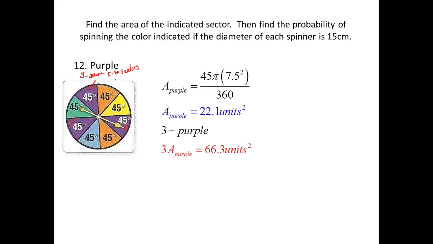Taking one of them, multiplying by 3. Now, again, since I know the 3, I know the entire circle, which was the same thing from the previous question. There's my percentage.